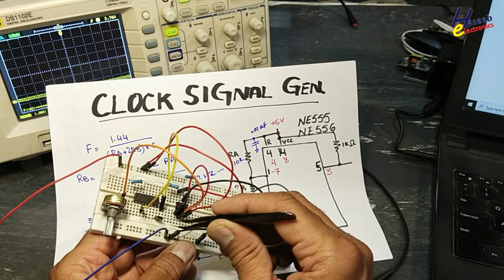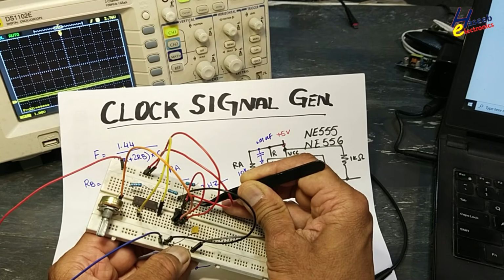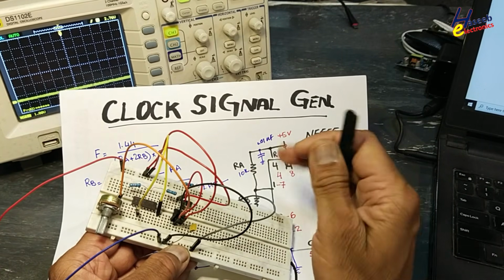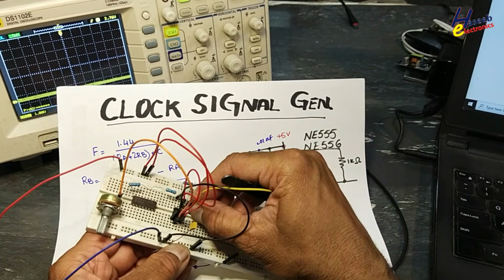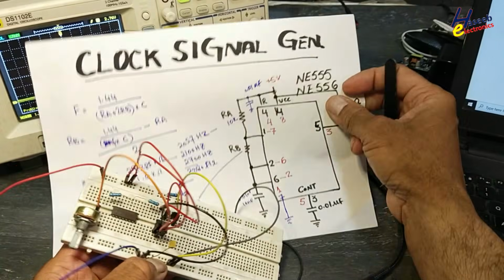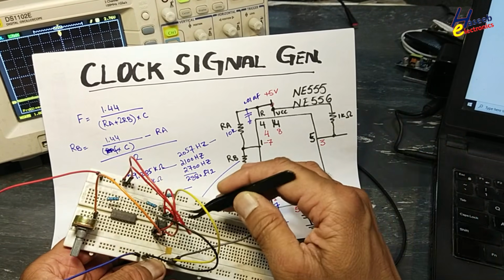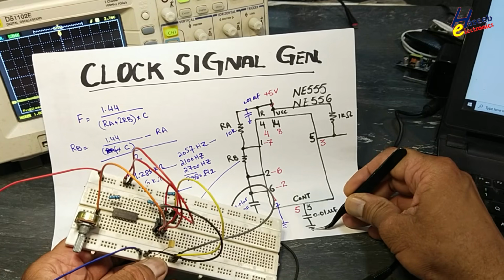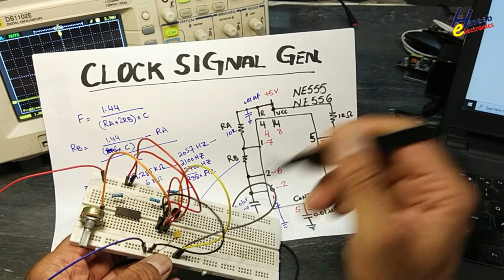We want to connect this capacitor at pin number 5, which was connected at pin number 3. That is the control pin. The capacitor's second side will be grounded. We connected a 10 nanofarad capacitor at pin number 5, with its second side grounded. Pin number 1 is the ground pin.